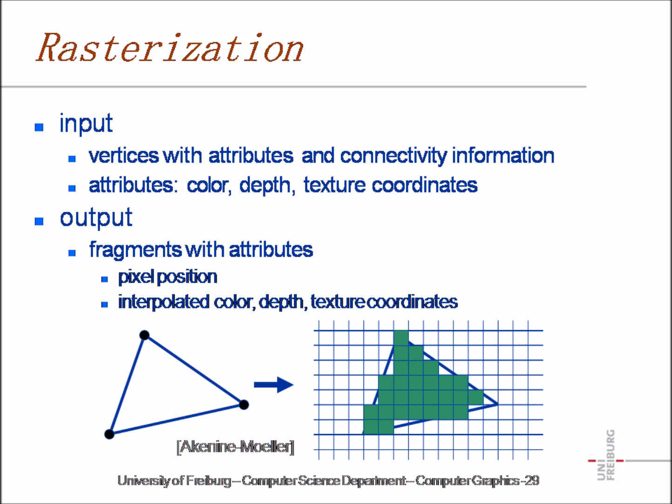So to adopt the rasterization technique, we require various inputs, which can be vertices with attributes and connectivity information, and also various attributes having color, depth, and texture coordinates. These inputs result in the form of fragments as output.